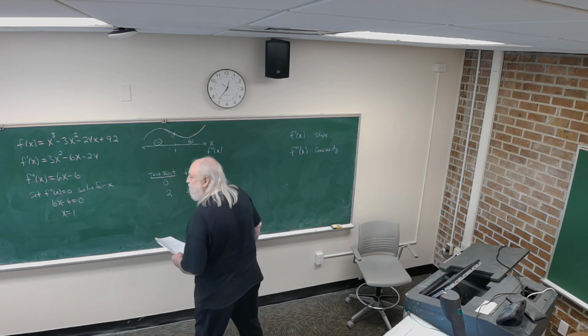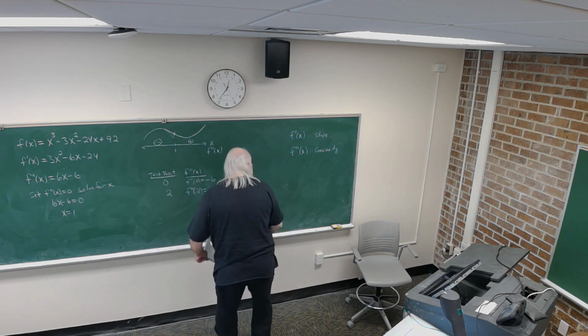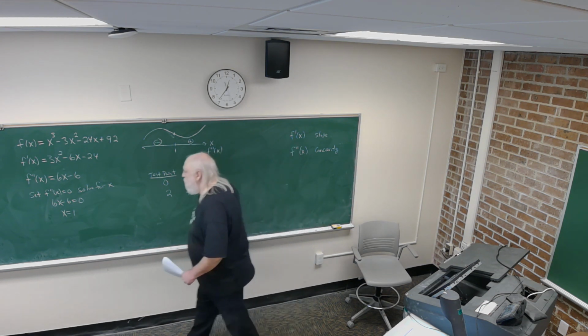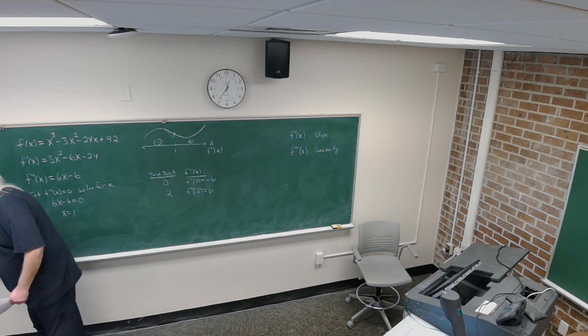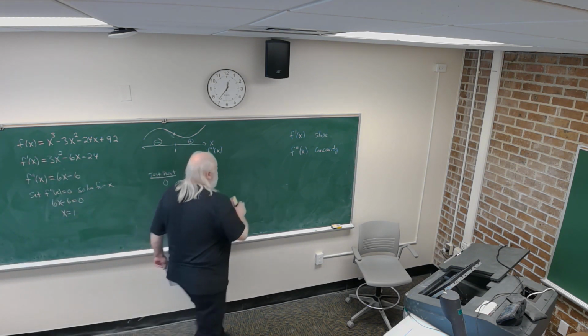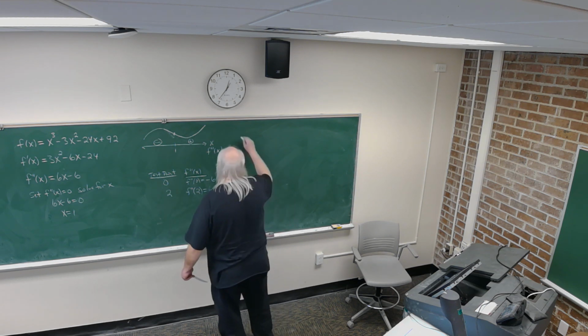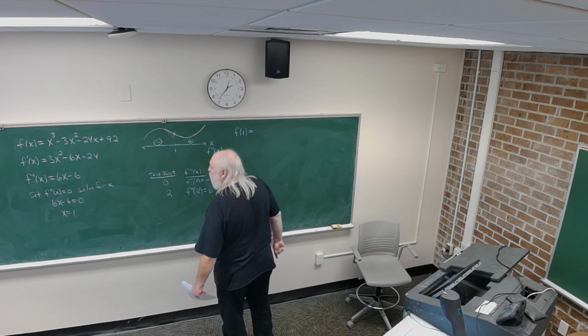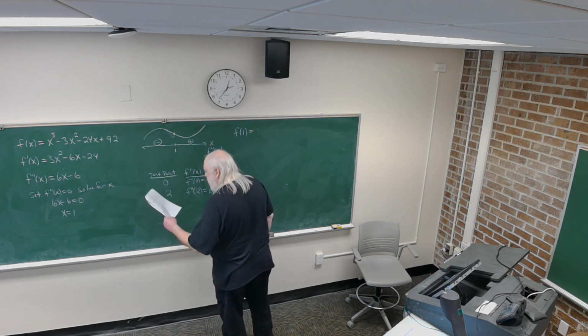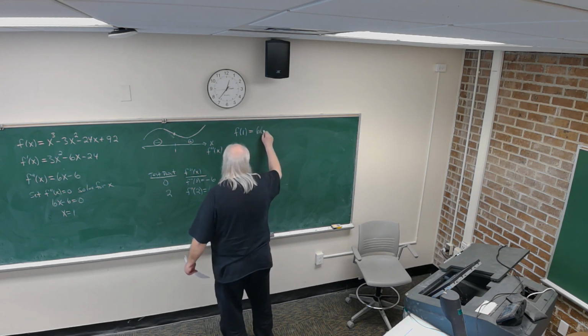So at the bottom of your page, we know what the x coordinate for the inflection point is. Now we have to calculate its y coordinate. When I did the arithmetic, I got f of 1 is equal to 66.